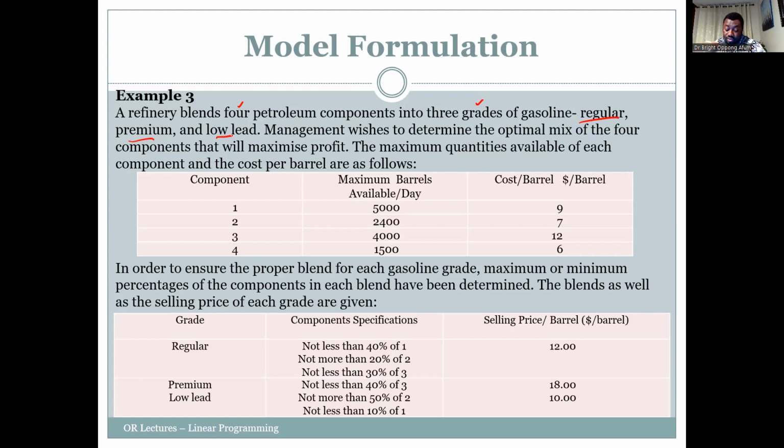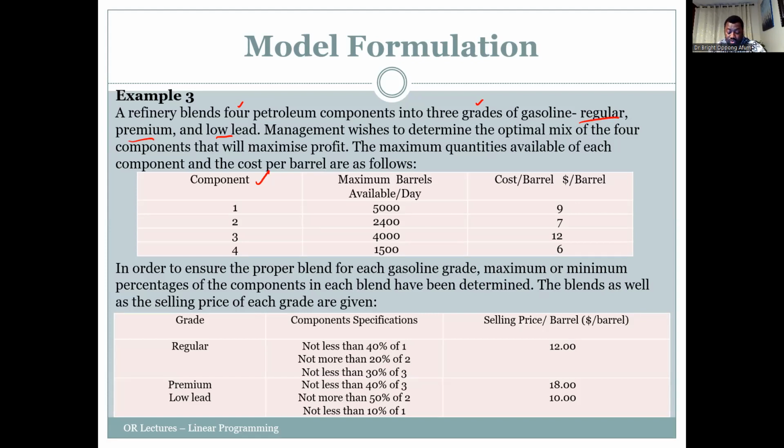Now, management wishes to determine the optimal mix of the 4 components that will maximize profit. The maximum quantities available of each component and the cost per barrel are as follows. We have the components 1, 2, 3, 4, and the maximum barrels available per day, and also the cost per barrel for each component.